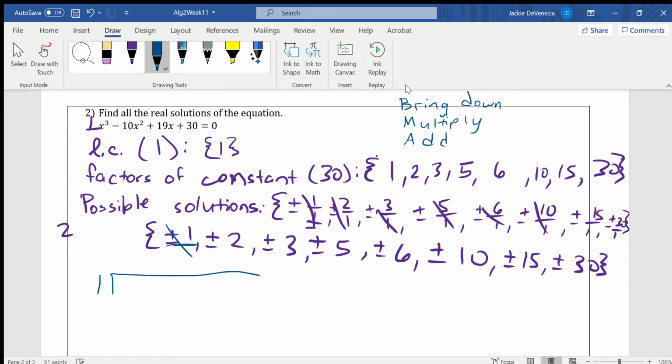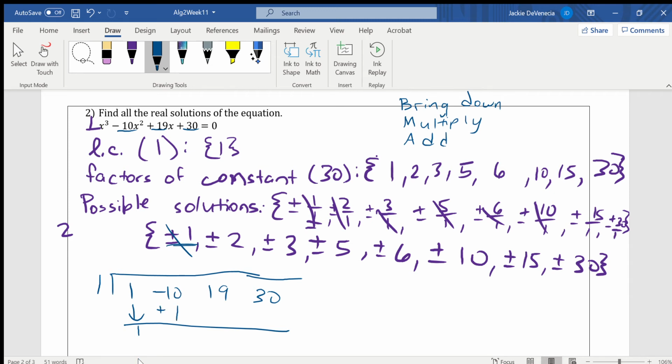Okay, so we have this set up. Now we have to find the coefficients of each of these. So we have 1, negative 10, 19, and 30, right? Then over here, you just want to bring down the 1. 1 times 1 is 1.